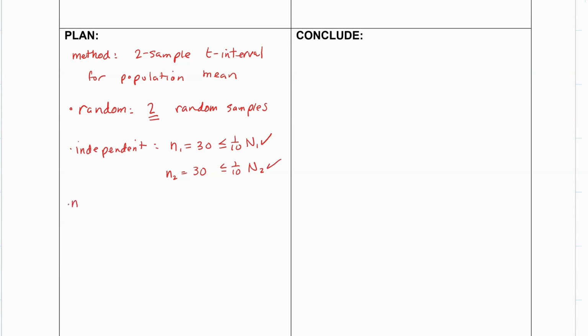And then lastly, normal. They went easy on this time. N1, which is still 30, is greater than or equal to 30, which gives us that. N2, which is also 30, is greater than or equal to 30. So we meet the conditions for normality.